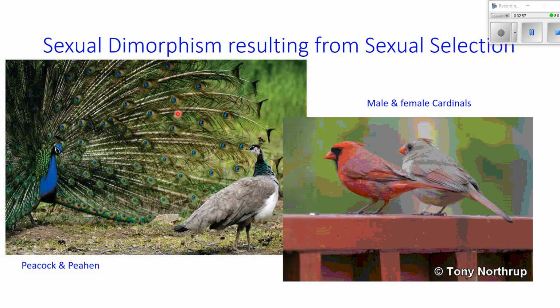So natural selection would not favor that at all. So the fact that he has this is because of sexual selection. It's because without the fancy tail plumage, peacocks don't get to mate. And so only the genes for the biggest, most showy plumage are getting passed down to the next generation.